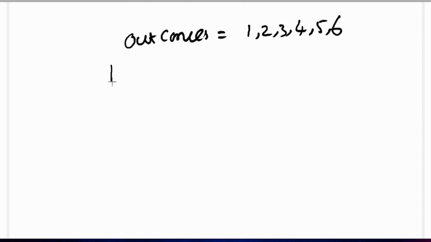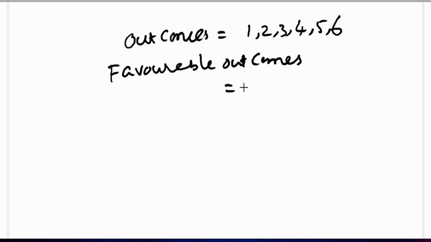But here, what are the favorable outcomes? The favorable outcomes are even numbers. What are the even numbers here? 2, 4, 6. Means the number of total outcomes is 6. The number of favorable outcomes is 3.